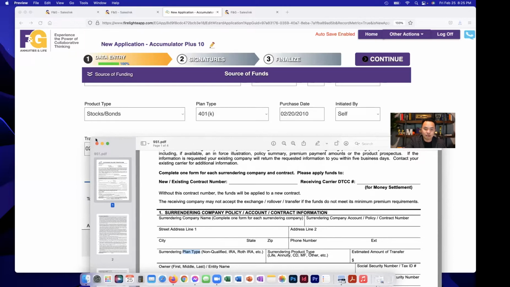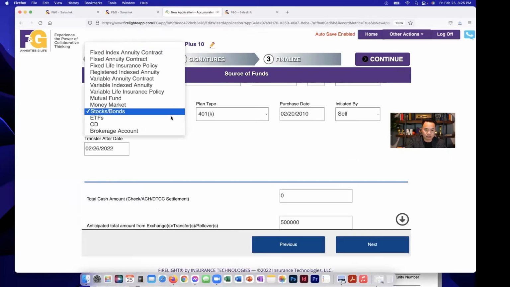If it is cash, then you put non-qualified here, and then you put cash. So this would be cash or CDs or ETFs, electronic funds transfer, that's cash.